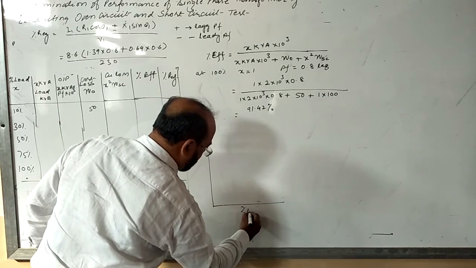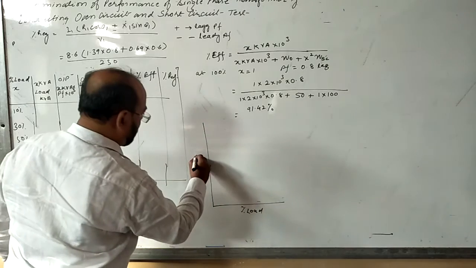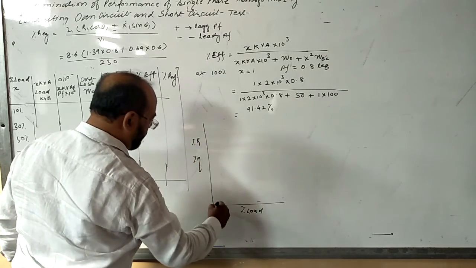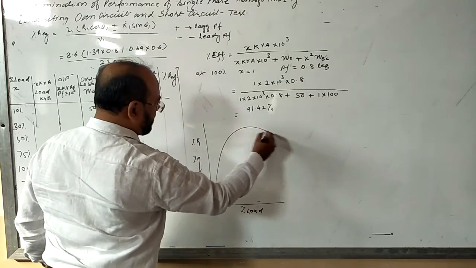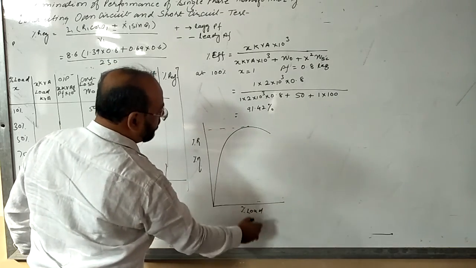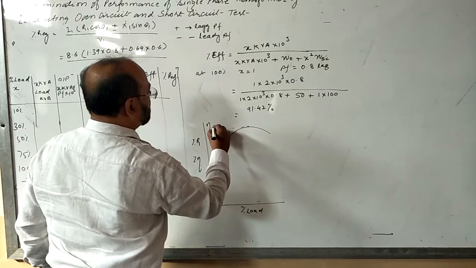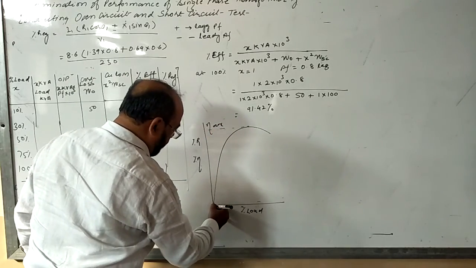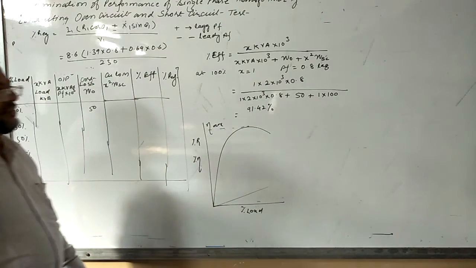We take here the percentage load, the percentage efficiency and the percentage regulation. So we are able to find that at some particular load condition it will be the maximum efficiency, and as the load increases the voltage regulation will also increase.